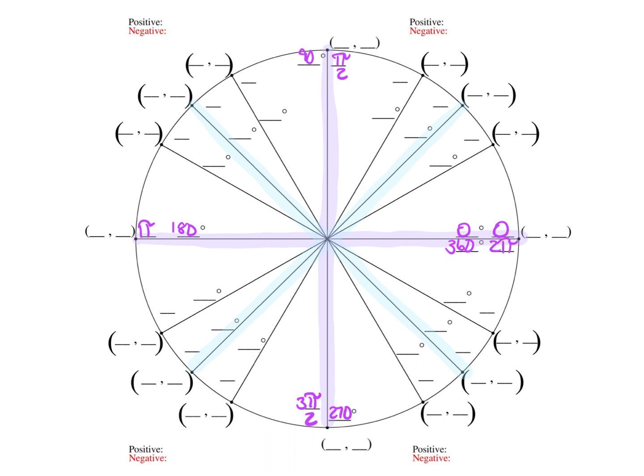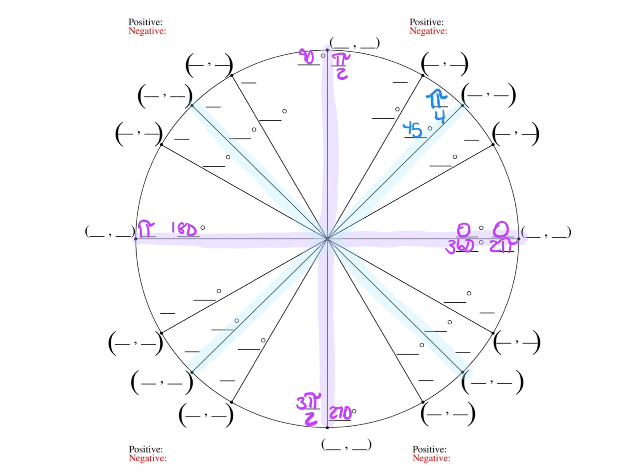So now when I go and I do this, the first 45-degree angle is here at 45 degrees. And when that's 45 degrees, that is 1/4 of the pi. So that's pi over 4.